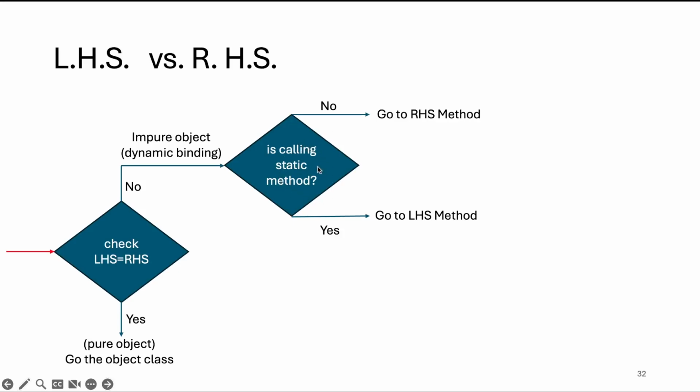If the method is non-static, then you have to execute the child's method. So this is the logic gate or the circuit that you have to execute. Let us see how this logic gate is helpful for you.